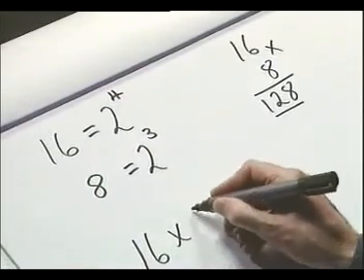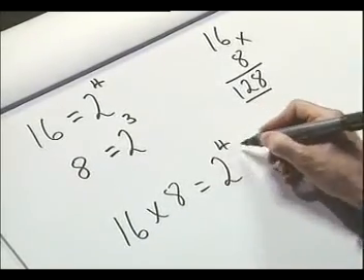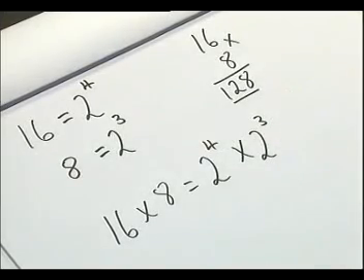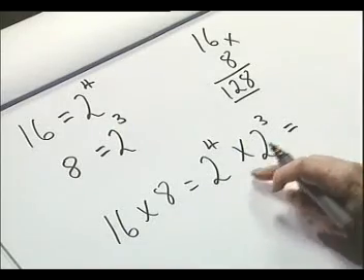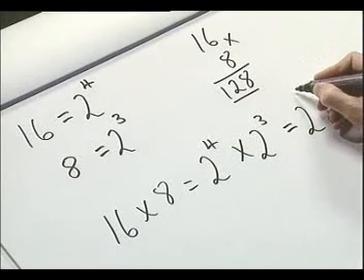16 times 8 is 2 to the power 4 times 2 to the power 3. And from laws of indices, we know that when we do this kind of calculation, we simply add the indices together.